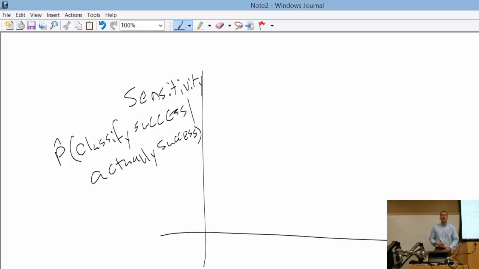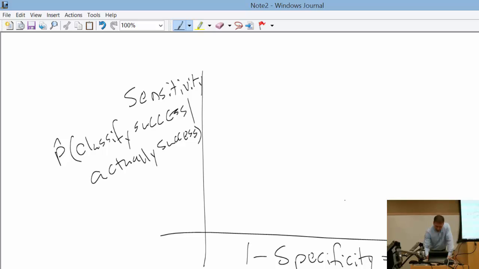In the notes I had originally phrased a success, we talked about this in terms of HIV testing. A success, I guess in that case, would be HIV positive, corresponding to the terminology I'm using here. And then on the x-axis, we had 1 minus the specificity, which also essentially is a false positive rate.